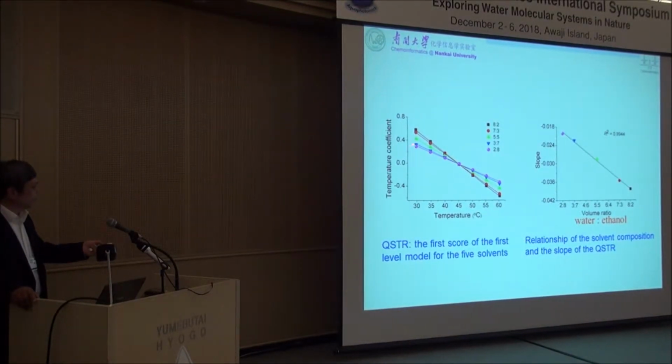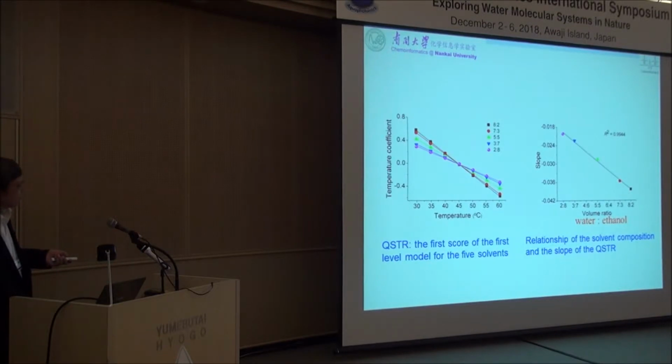And if we compare the slopes of these 5 straight lines, we can obtain this line. This means the composition of the solvent can be predicted. This is the result of the first level model.